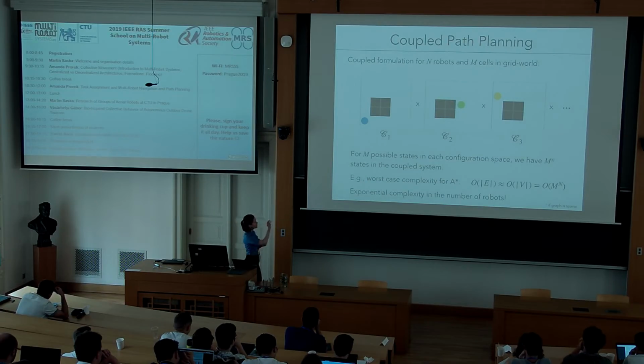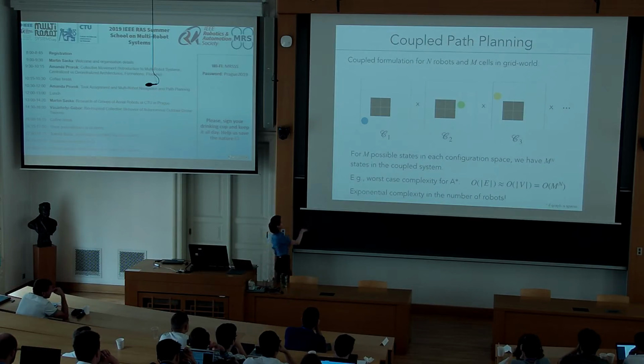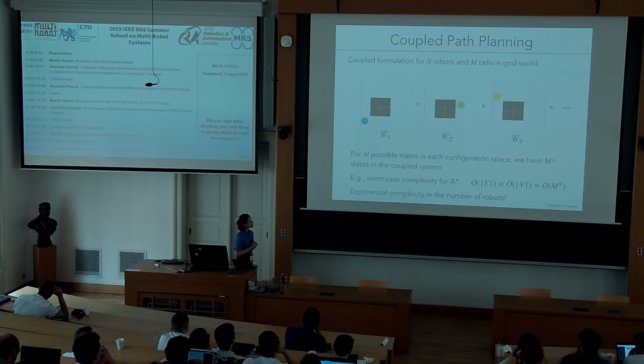So if we think of a system that is composed of 3 robots here, and you can't actually see the grids in the projection here, but you can imagine that there are grids there. We know that every robot has m possible states, which it can find itself in at any given point in time. And we have the Cartesian product of all these robots' individual configuration spaces.